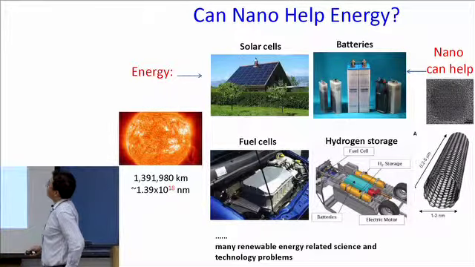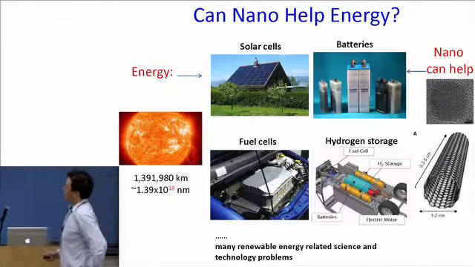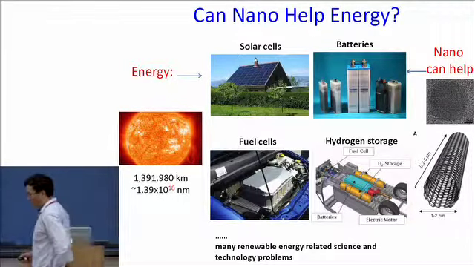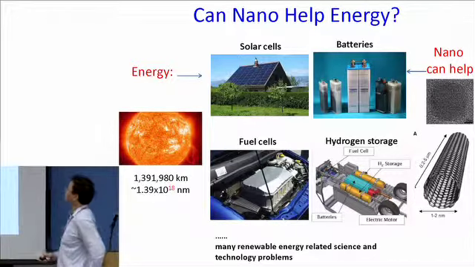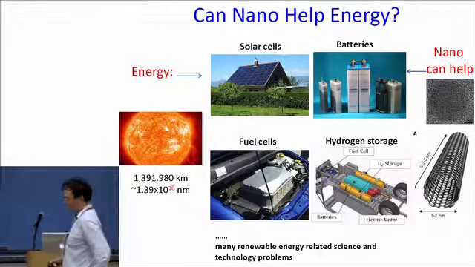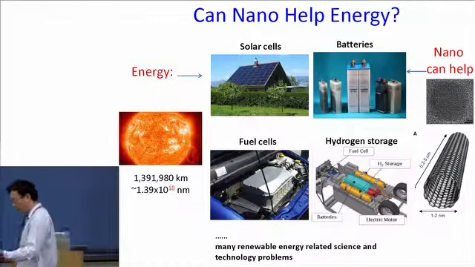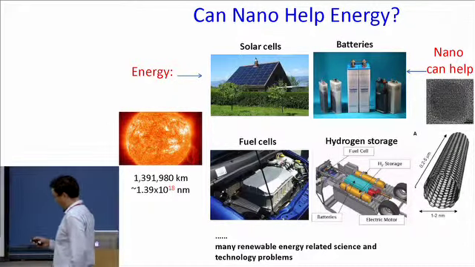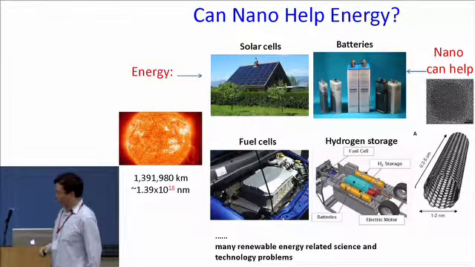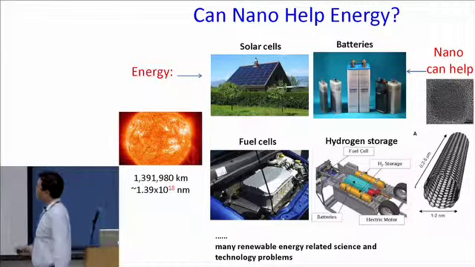So the question is, can nano help energy? So again, that's the sun. And to harvest the energy of the sun, you need solar cells, okay? So can you make better solar cells? And the energy from the sun is intermittent, so often you want to store that energy somewhere, so you need batteries, right? So can you make better batteries using nanotechnology?